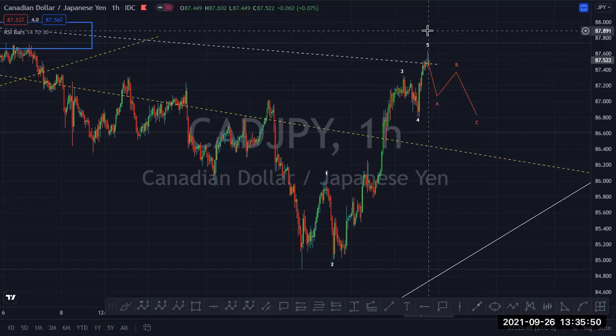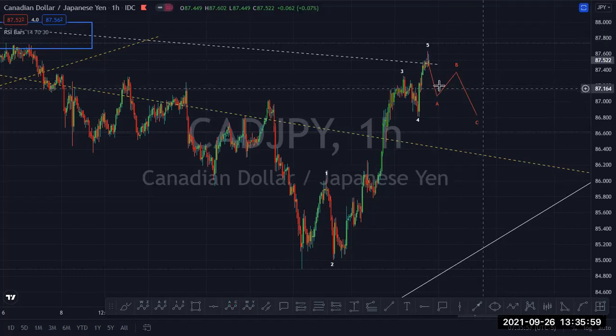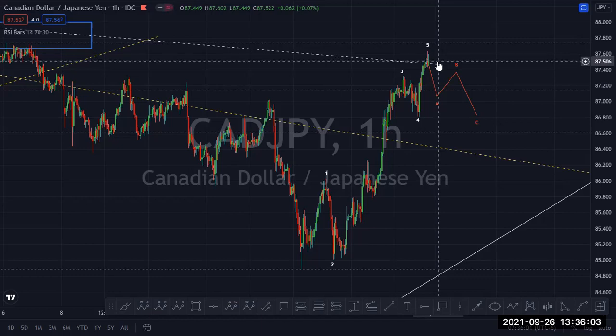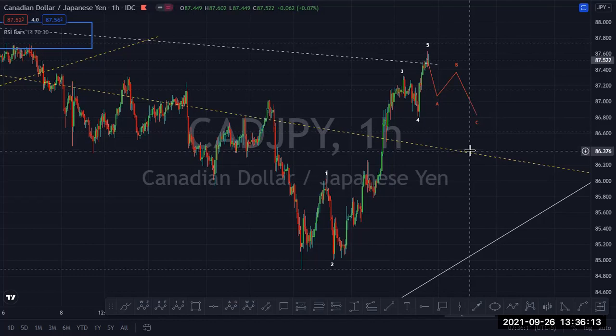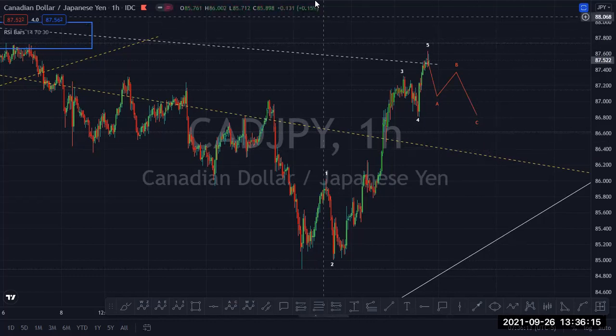So let's be patient. Buying is good, but you need to enter at the best price. Buying now is not good because we expect it to drop. So let us see where the 3 waves drop, a bigger one, the drop that will take this level out, maybe somewhere here before the buying.